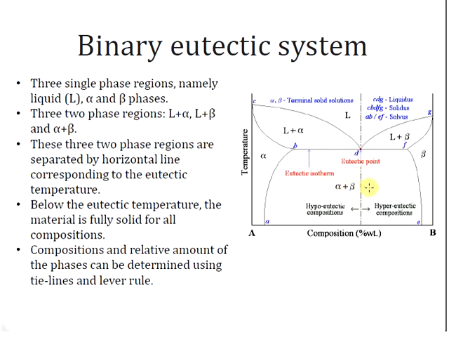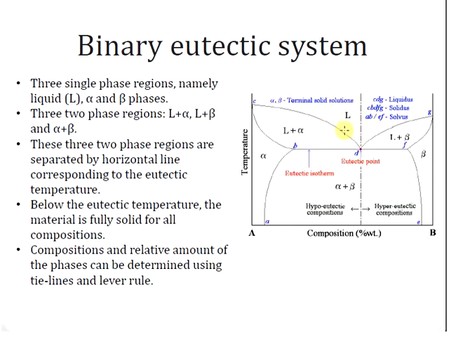This is a solid solution, but it is not completely soluble. These two solids do not form a perfect solution, and this is L plus alpha, corresponding to the liquid phase.